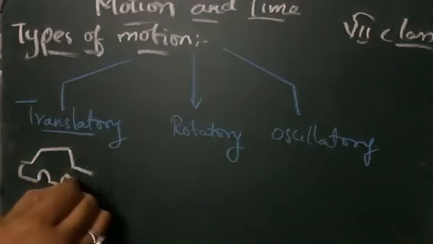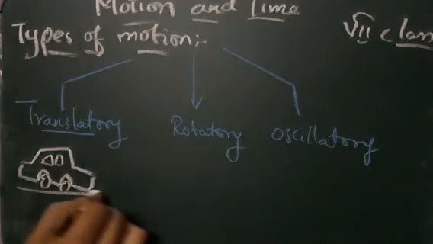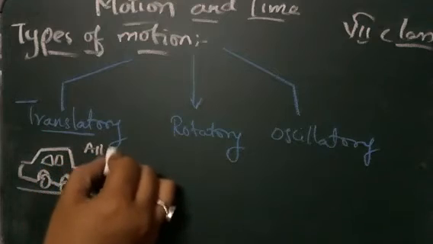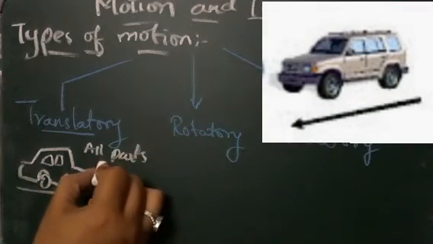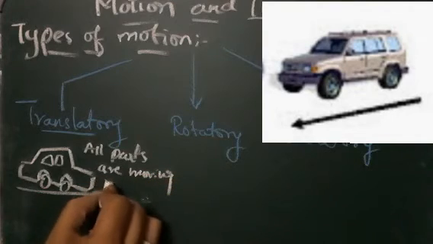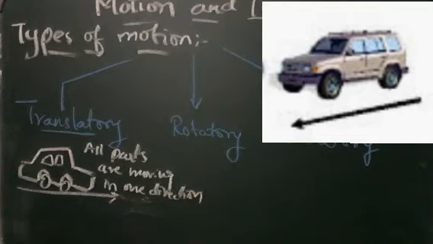That is, all the parts of the car are moving in this direction, only in one direction. All the parts are moving in one direction, then it is called translatory motion.